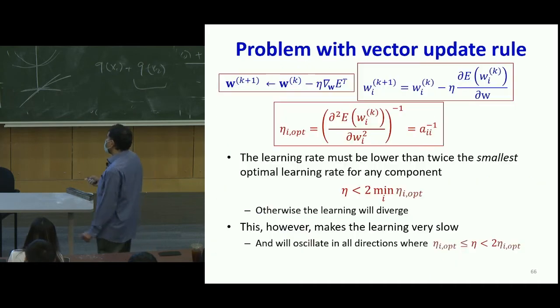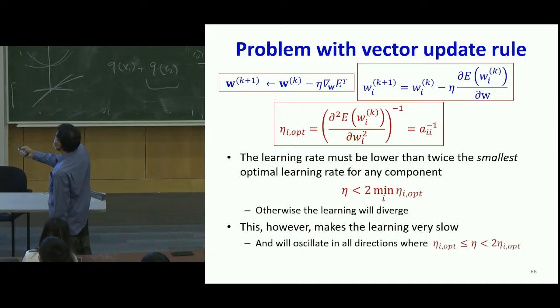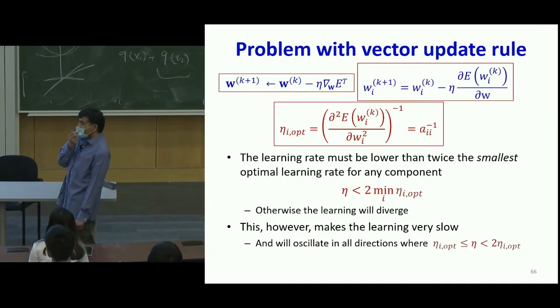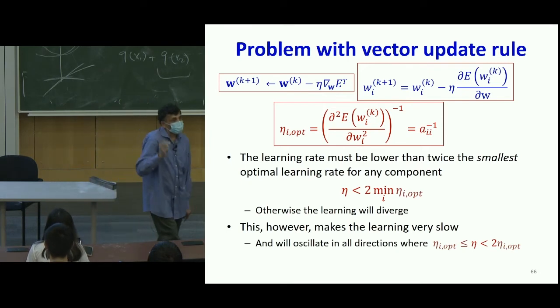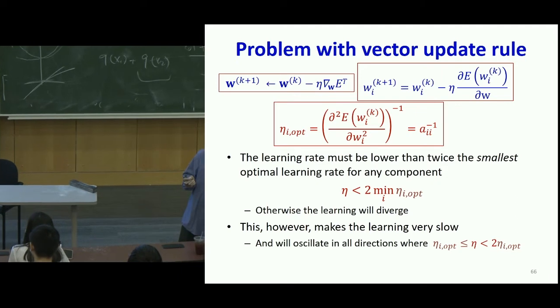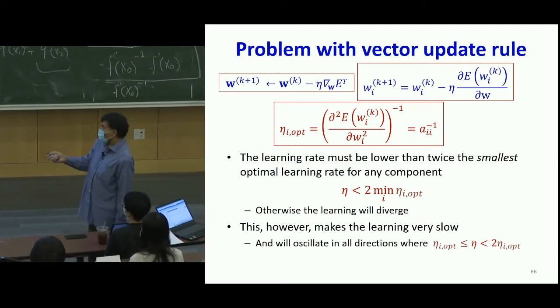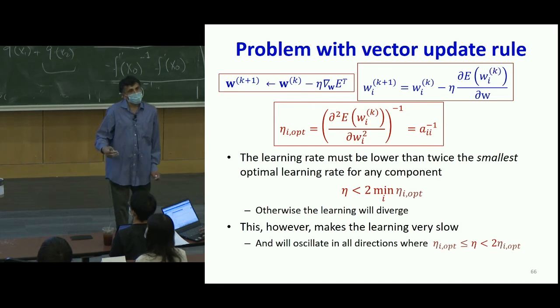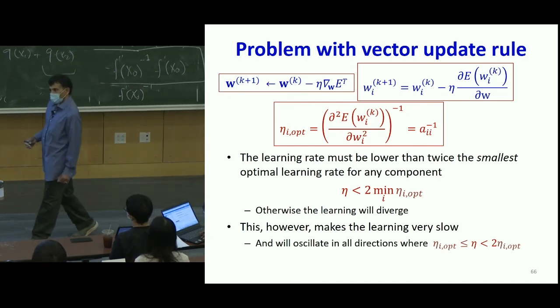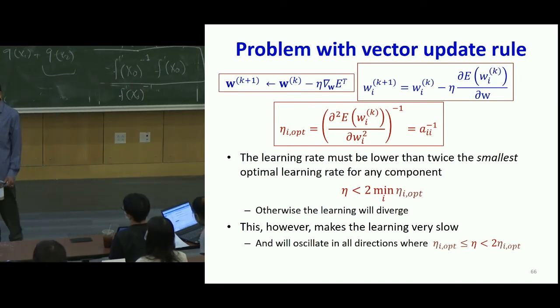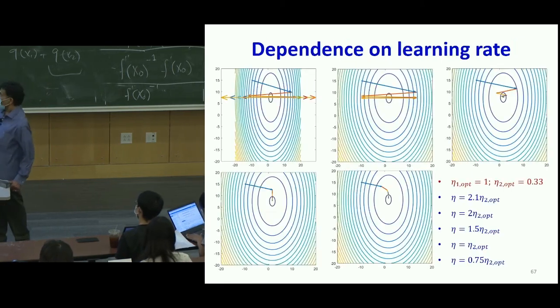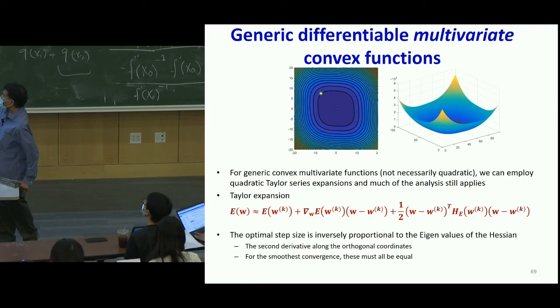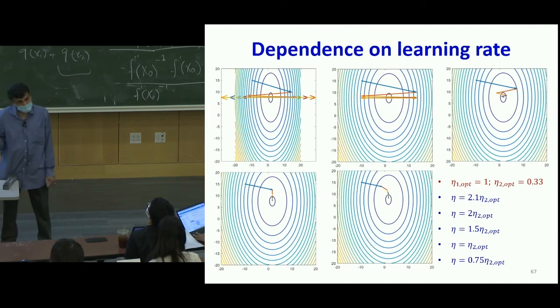And so what we will find is that the step size has got to be less than 2 times the smallest of the optimal step sizes in the various directions, right? But that means that it's going to be very slow in the other directions. It's going to take forever to converge. Everybody get this? Right. And so this is for quadratics.